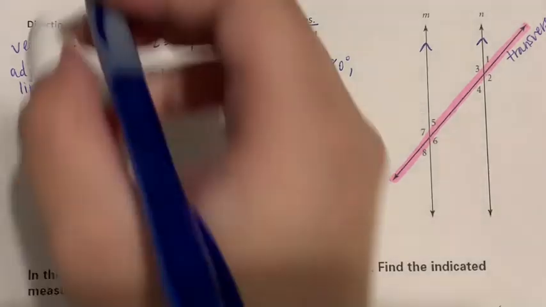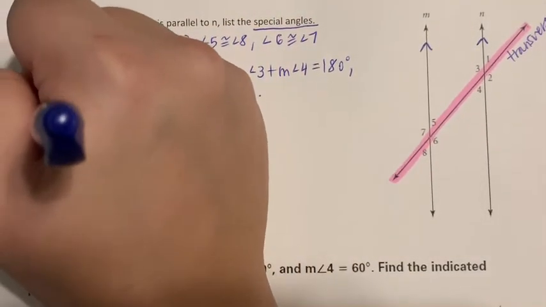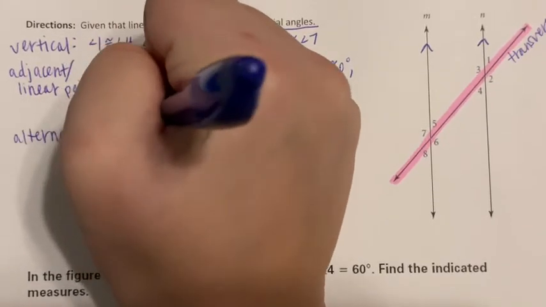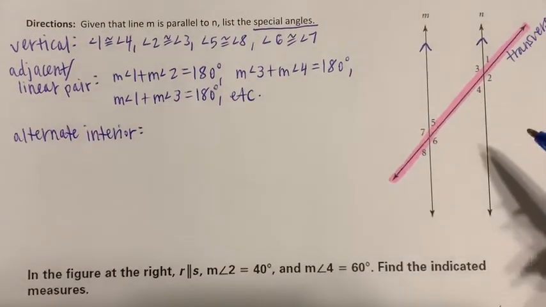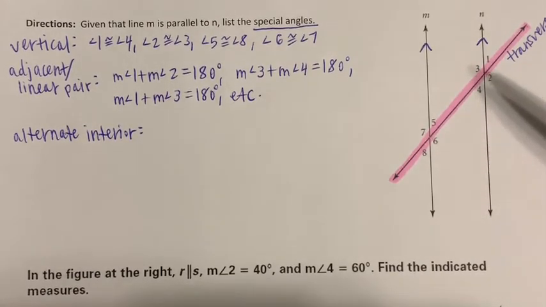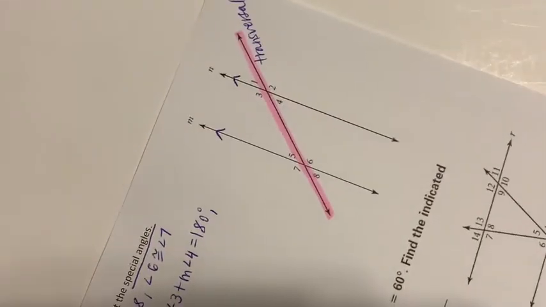So one of the ones that we learned, let's do alternate interior. So alternate interior angles, those are ones that are on opposite sides of my pink transversal, and they are smushed in the interior. So if you need to label your figure, you can. I would almost turn your page.